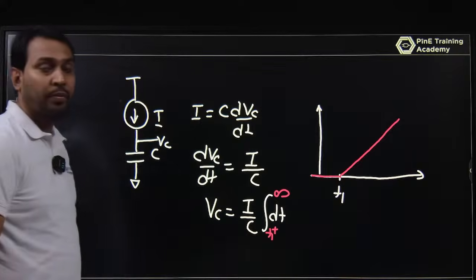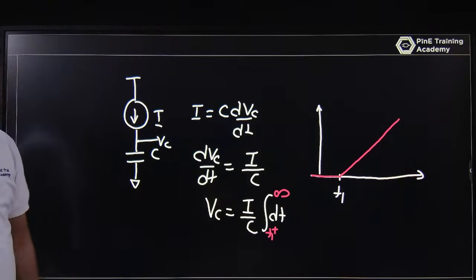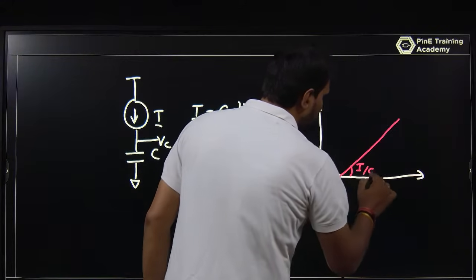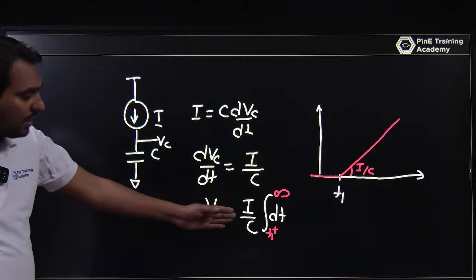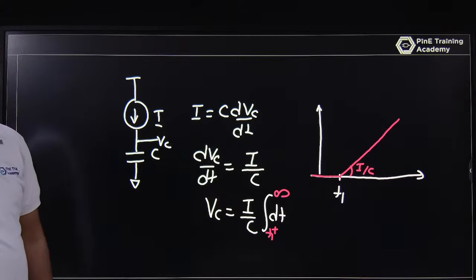Just like y is equal to mx plus c, where m is I by C. The slope I by C is constant there, with respect to time as I by C into T. Okay, so that will be your capacitor voltage.